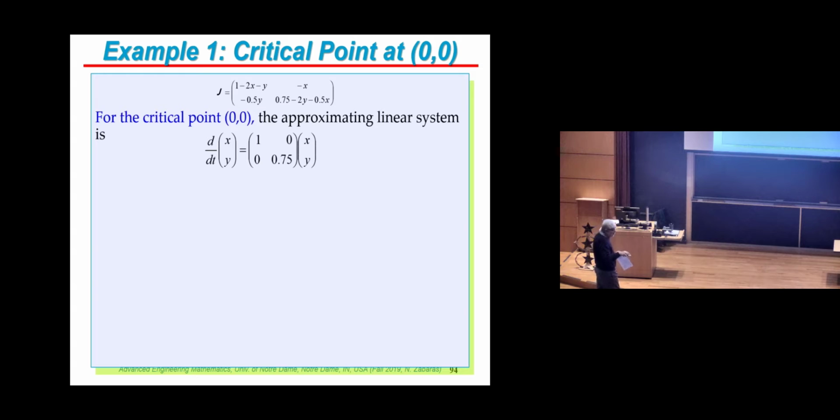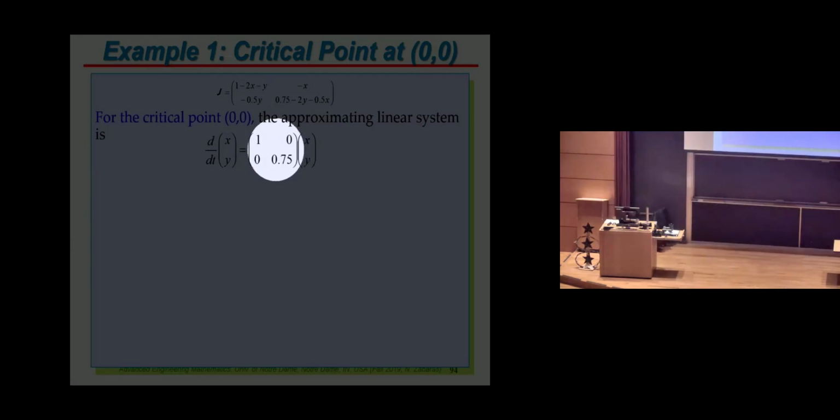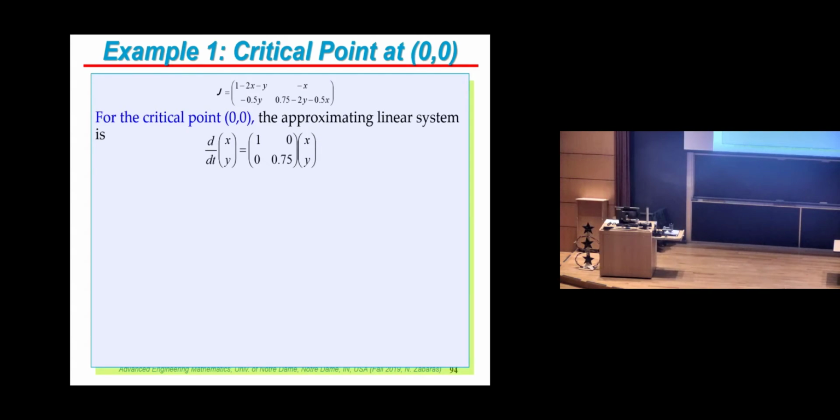Because we're not going to compute the eigenvalues, it's equal to 1.75. And what is Q? Q is the determinant. And how much is that? The determinant is 1 times 0.75, which is 0.75. So P is equal to 1.75, and Q is 0.75. So P and Q are both positive.